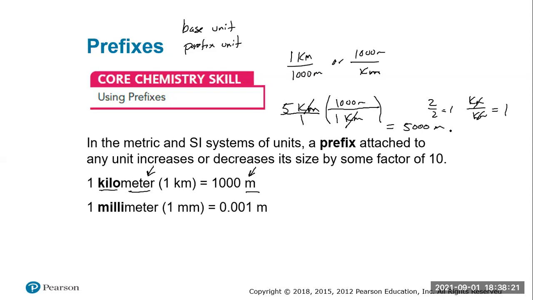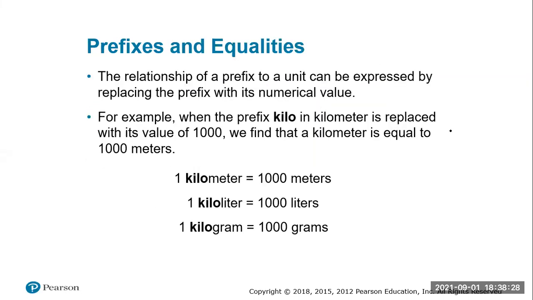And again, we could use these prefixes to change the meaning of a metric number. It doesn't really matter what the actual base unit is because it's the same relationship. As I was mentioning earlier, in this case, the base unit is meters and 1 kilometer is 1,000 meters. If I change the base unit to liters, 1 kiloliter is 1,000 liters.